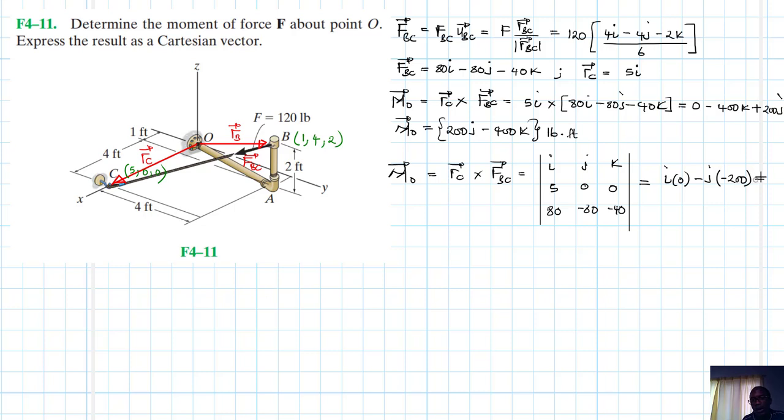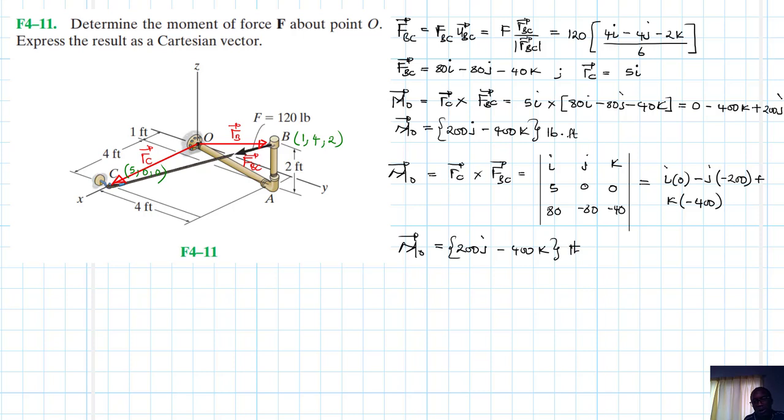Then we have plus k, which is this by this, that's minus 400. Therefore from this we also get the same solution, which is 200j minus 400k.